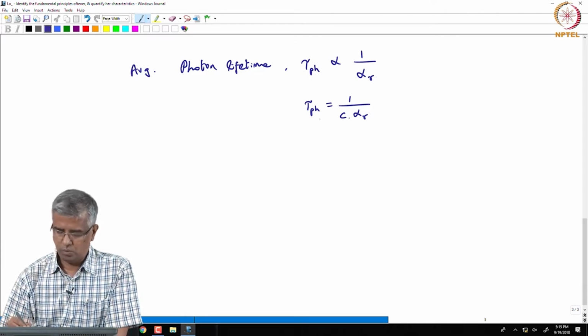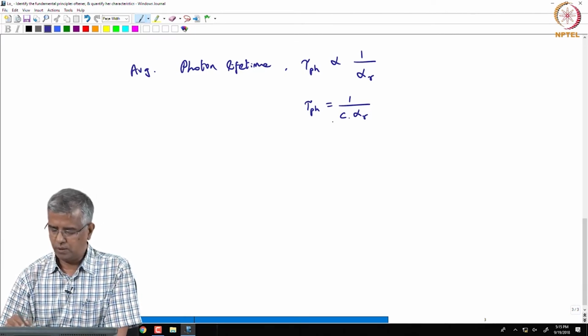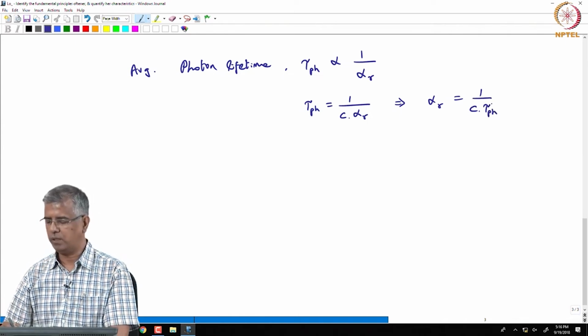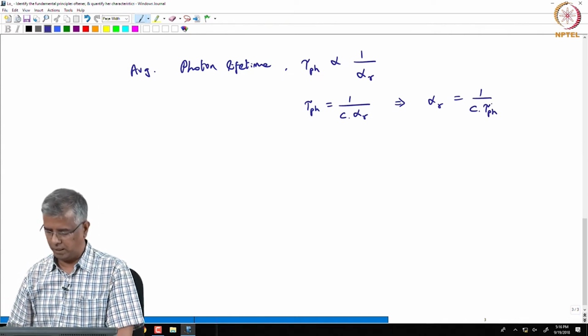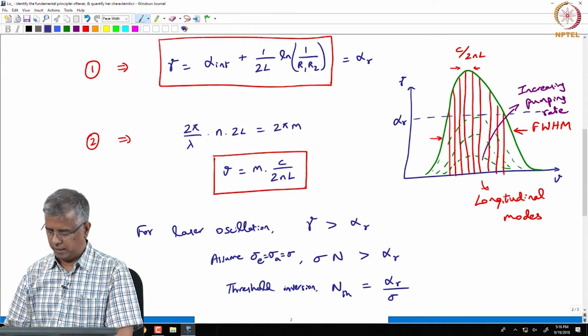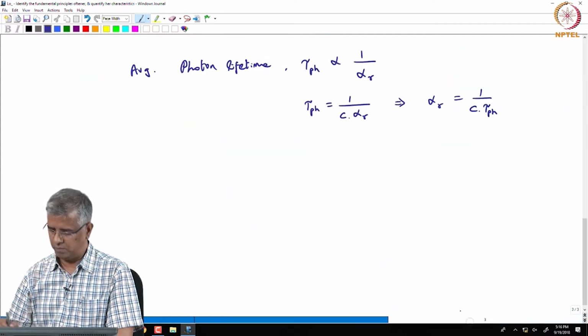So, tau photon is given by this, which obviously you can write as alpha r equal to 1 over c times tau photon, and this we can now substitute in the expression n threshold equal to alpha r over sigma.